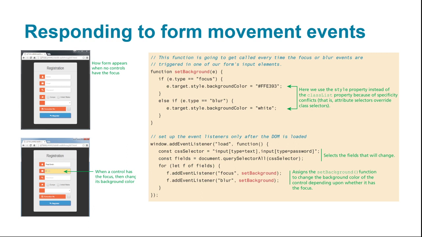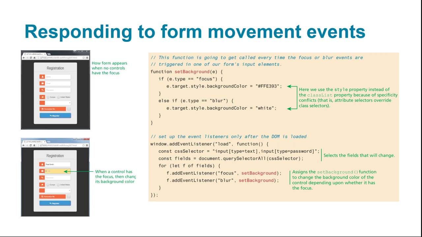The way that you can do that is normally you group all of your fields with the same class, or you can do it like they're doing here. They did it by input type text or input type password.